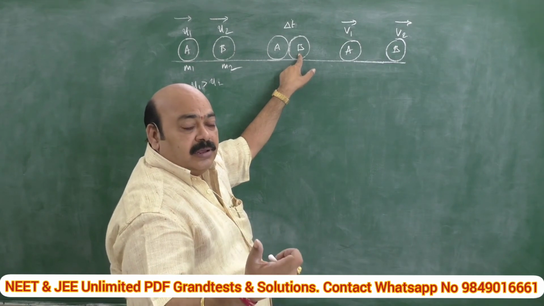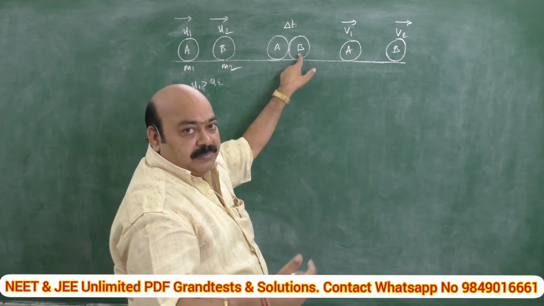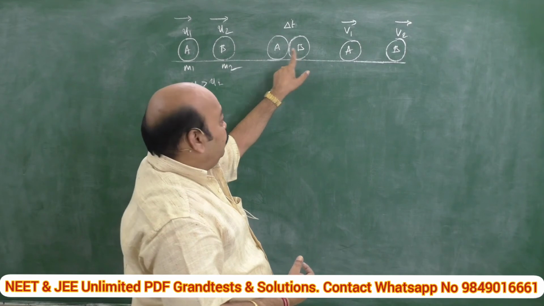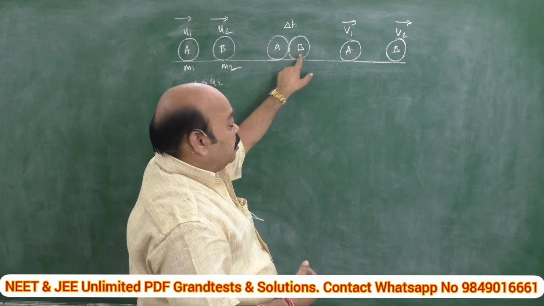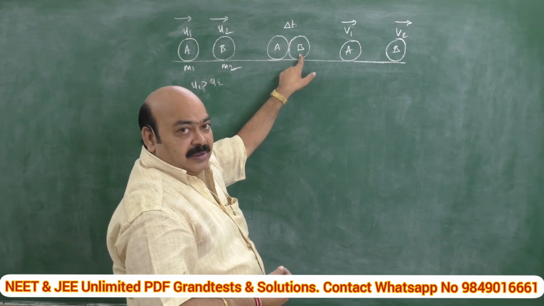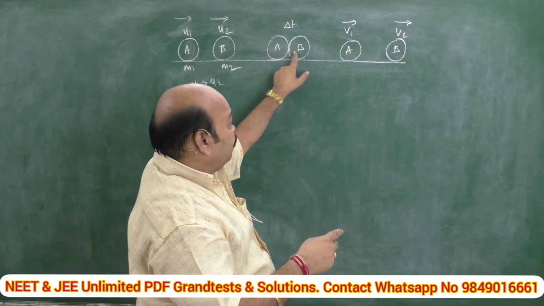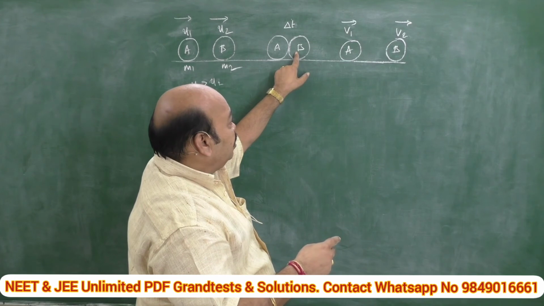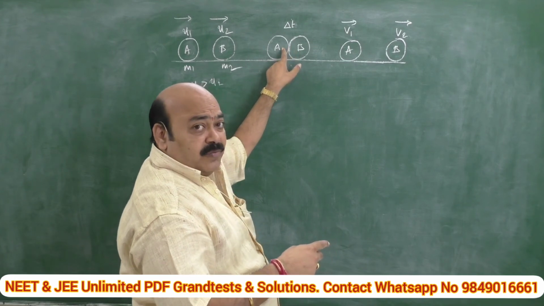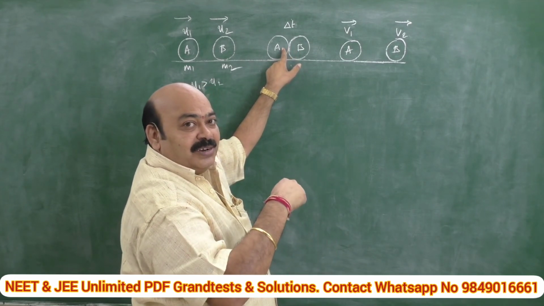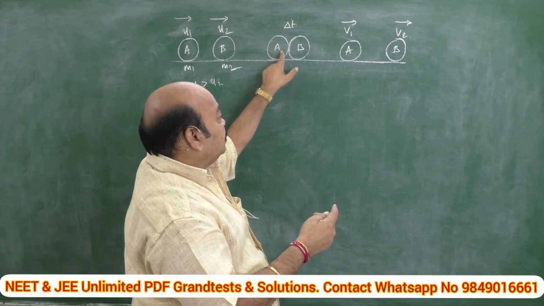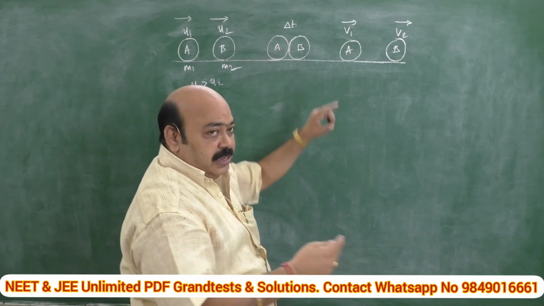According to Newton's second law, it causes a change in momentum. So because of this, the momentum of B changes. At the same time, according to Newton's third law, when A exerts some force on B, definitely B also exerts an equal amount of force in the opposite direction. Anyhow, it also causes the change in momentum of the sphere A.